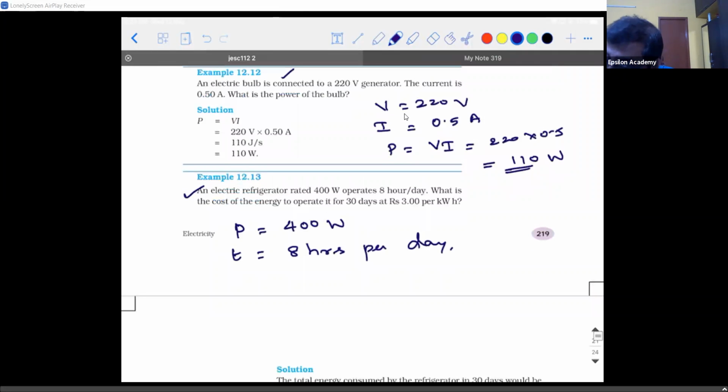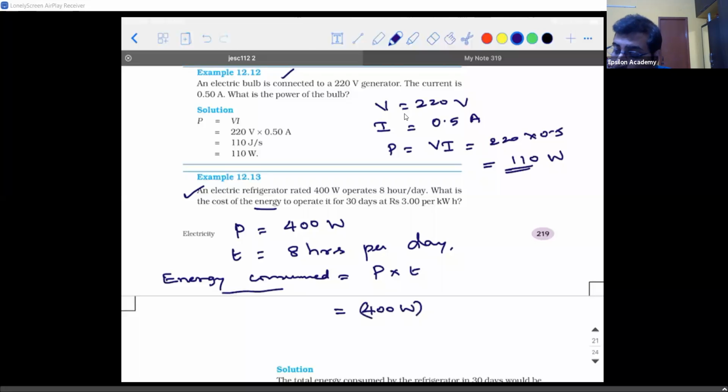What is the cost of energy? First, energy consumed. Energy consumed is power multiplied with time. So power is 400 watt. Whenever we speak about commercial energy, the watt should be converted to kilowatt.